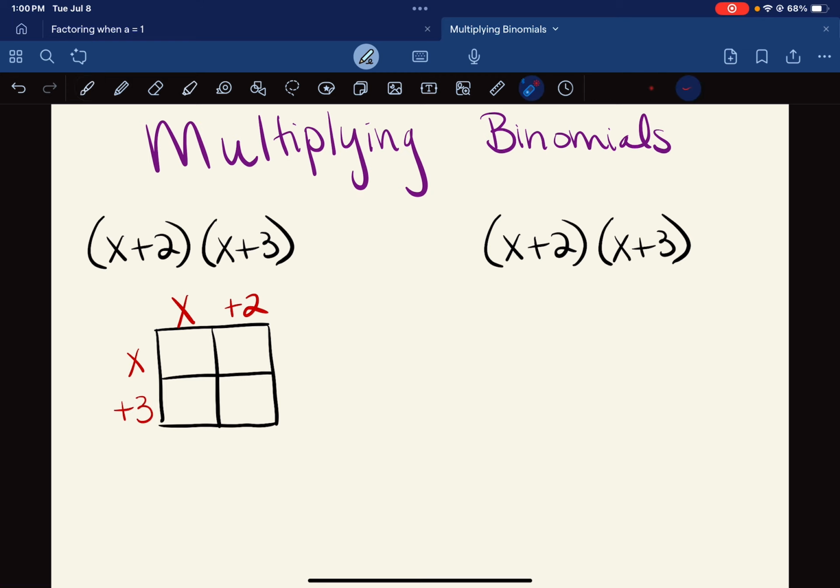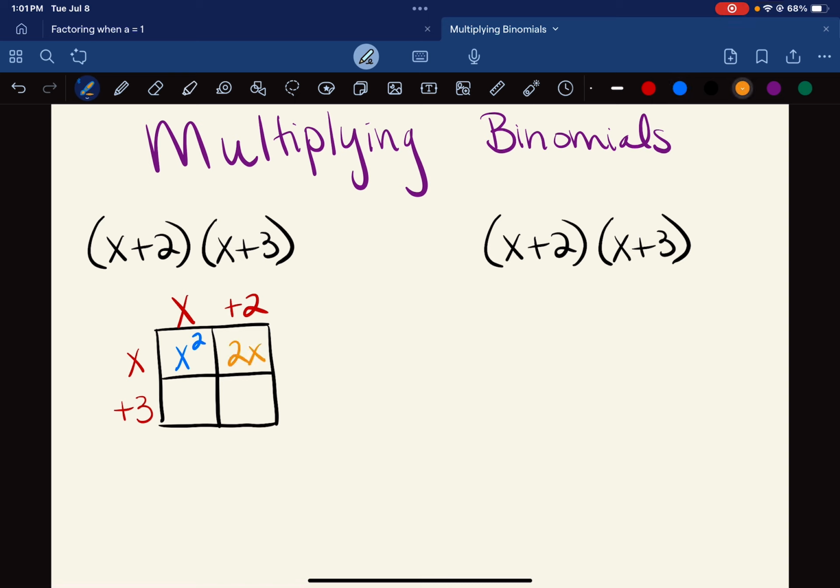And to fill in our boxes, we are going to look up and left every single time. So for this first box right here, I'm going to multiply x times x, and that gives us x squared. For our next box, and it doesn't matter which order you go in, you just need to remember to always look up and all the way to the left. 2 times x gives us 2x.